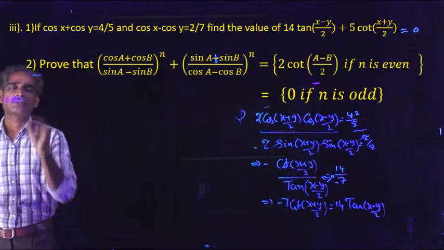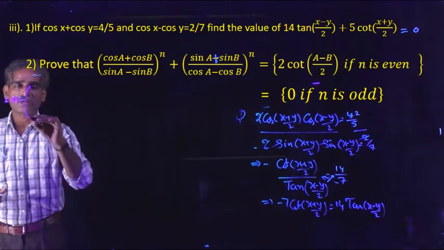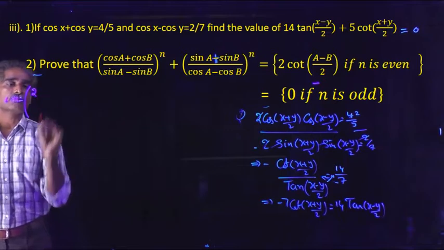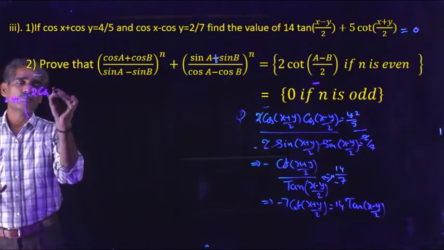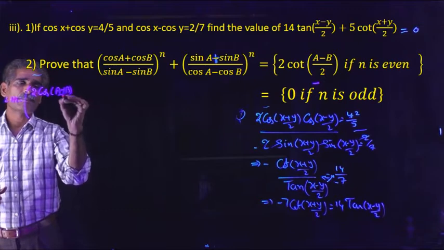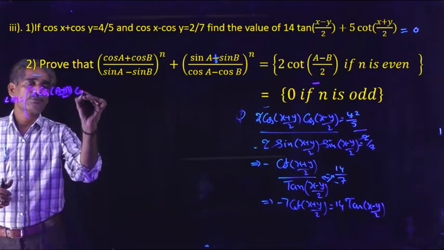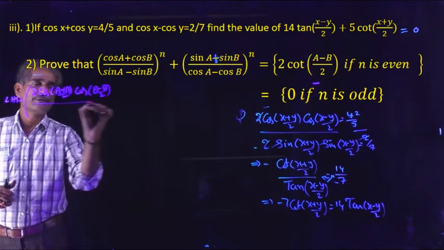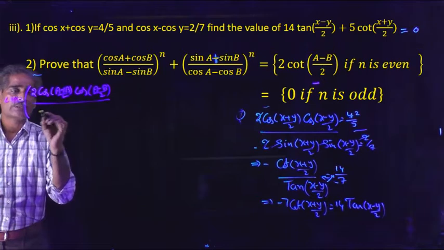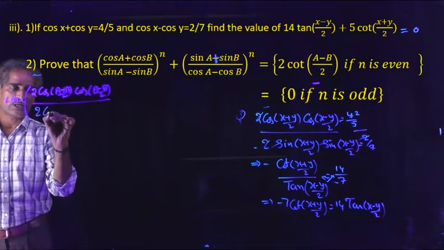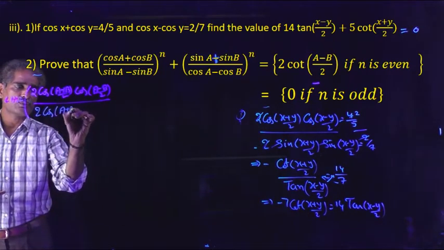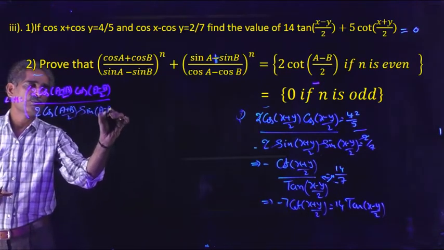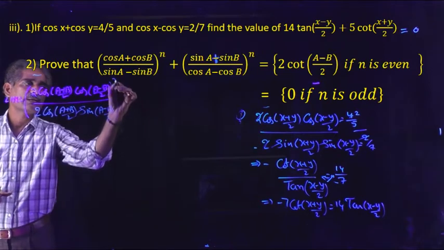take LHS. Here write down the formula: cos C + cos D is 2 cos((A+B)/2) cos((A−B)/2), divided by sin C − sin D, that means 2 cos((A+B)/2) sin((A−B)/2), whole power n.